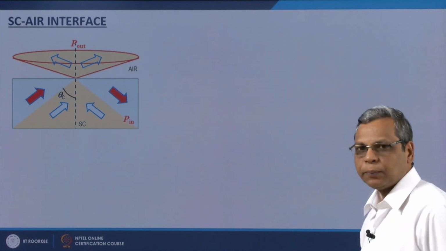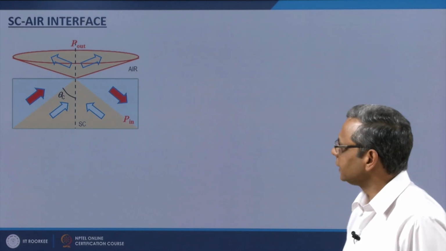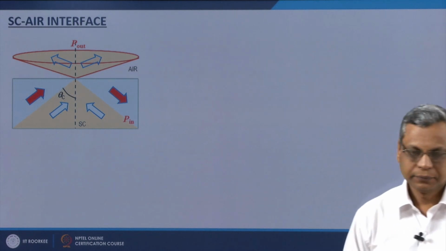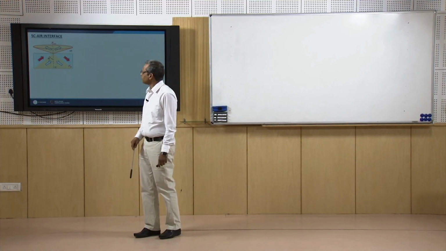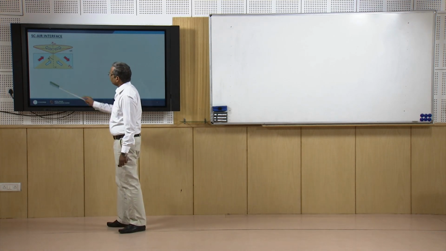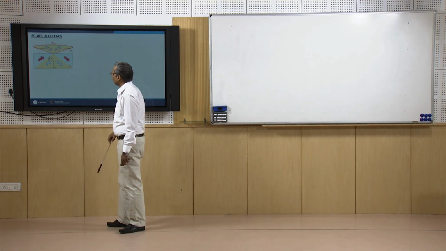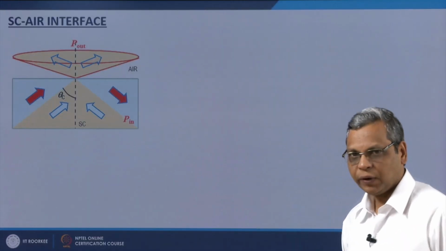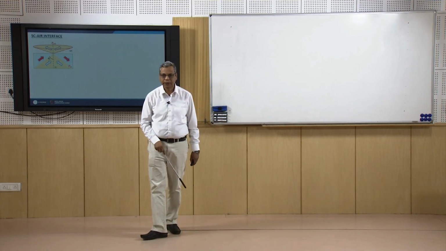So, you have all possible angles of incidence at the semiconductor-air interface, and we know that the angles which are greater than the critical angle at the semiconductor-air interface are reflected back via the process of total internal reflection.